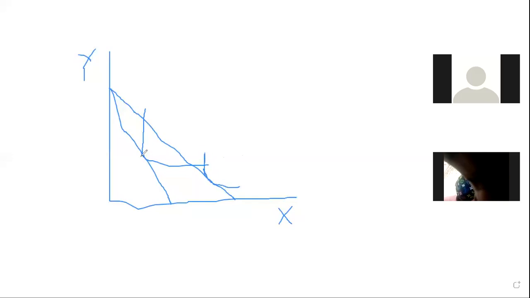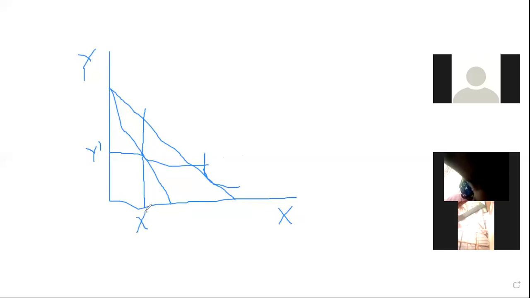Given this, at the initial equilibrium price, the consumer was purchasing this unit of Y and this unit of X. With the new price, this is the new equilibrium point. So the consumer is now consuming this unit of Y and that unit of X. So now let's see the total effect of the price change.